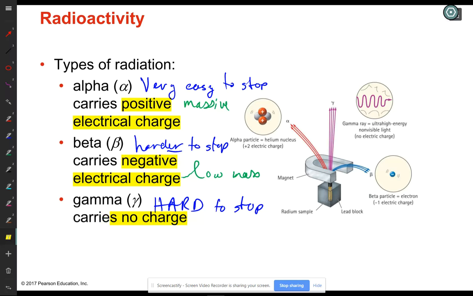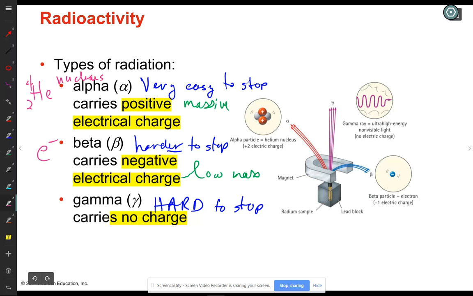More careful observation identified what these things exactly were. And it turns out that the beta particle is an electron. And the alpha particle is a helium nucleus.